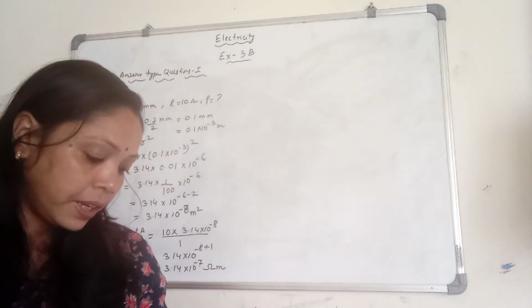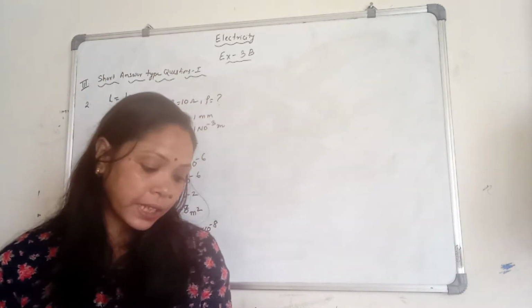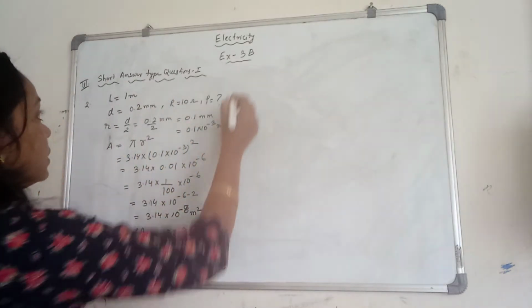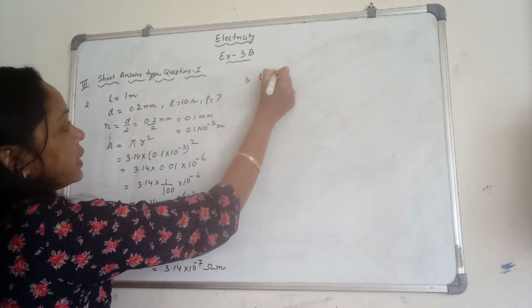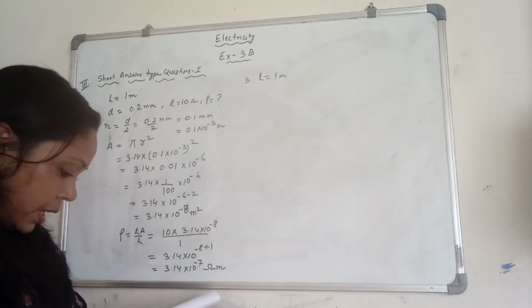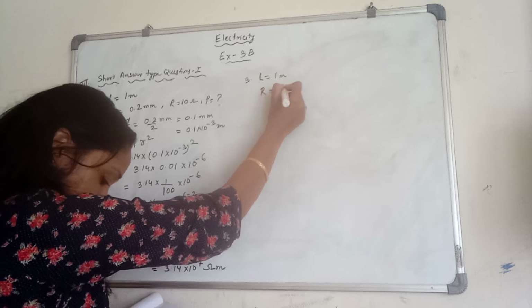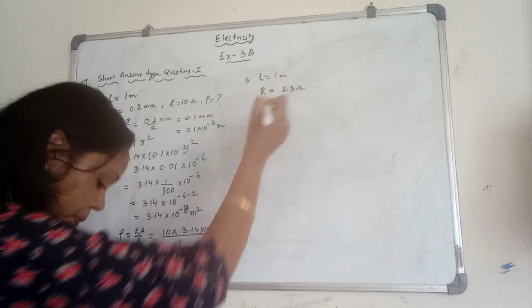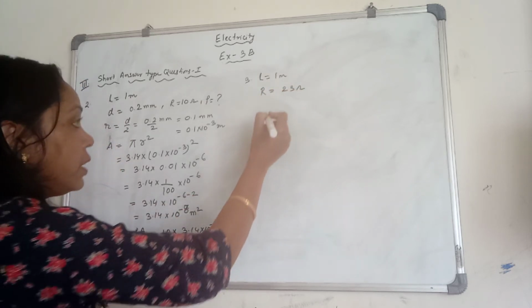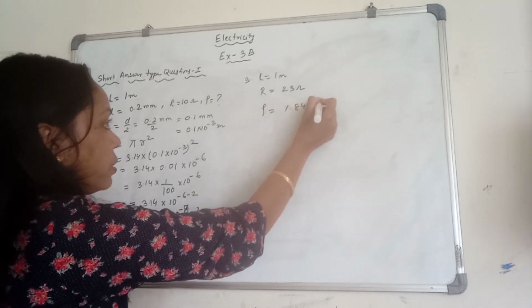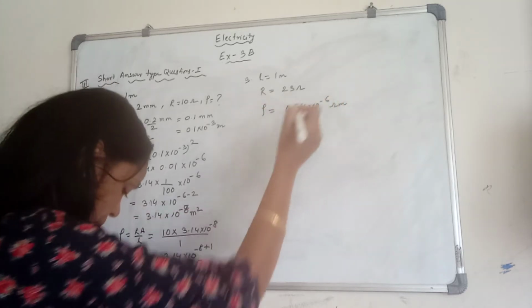Now question number 3. Calculate the area of cross section of a wire if the length is 1 meter. Length is given as 1 meter. Then resistance R is given as 23 ohm. Then resistivity rho is given as 1.84 into 10 to the power minus 6 ohm meter.